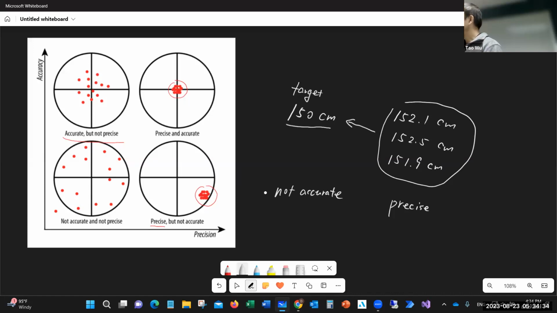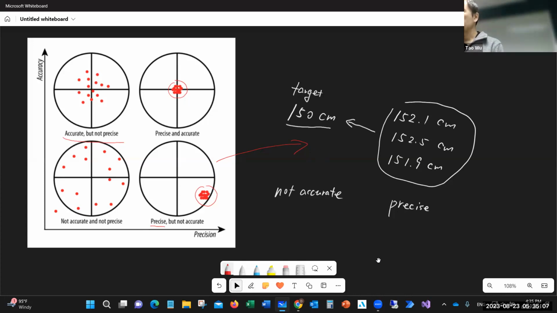Does that make sense? So the data you measured is precise, but it's far away from the target. That's why we call this not accurate but precise. That makes sense, right? So that's the difference between accurate and precise.